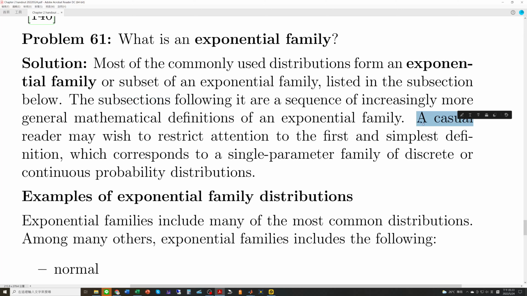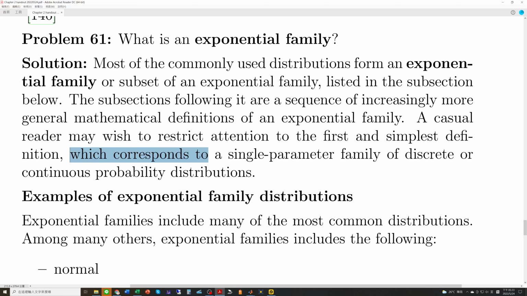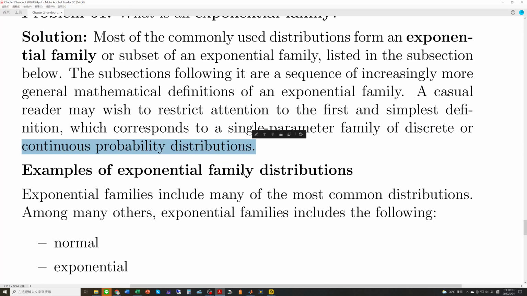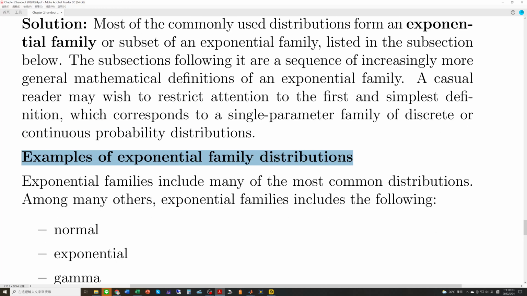A casual reader may wish to restrict attention to the first and simplest definition, which corresponds to a single parameter family of discrete or continuous probability distribution. So let us see some examples of exponential family distributions.